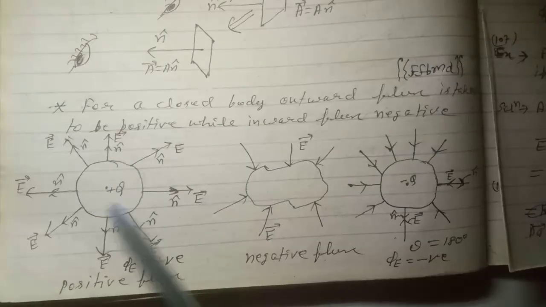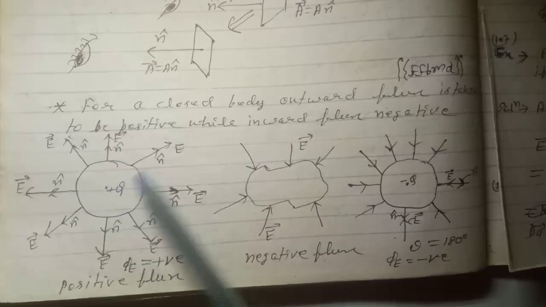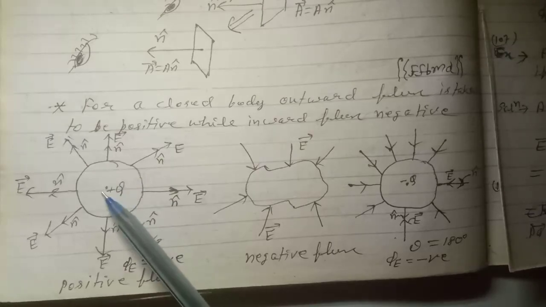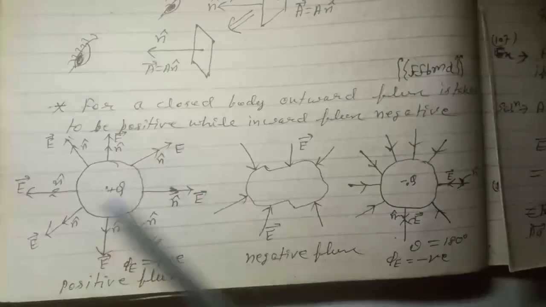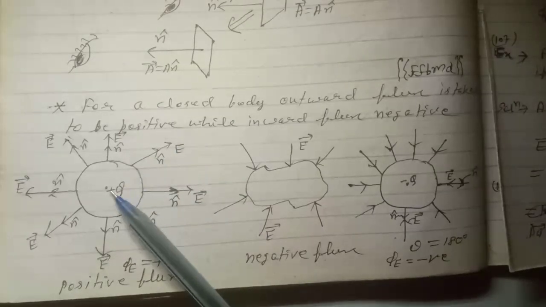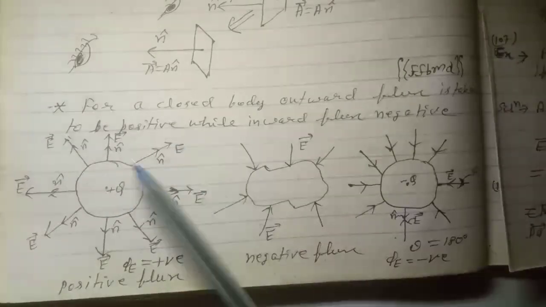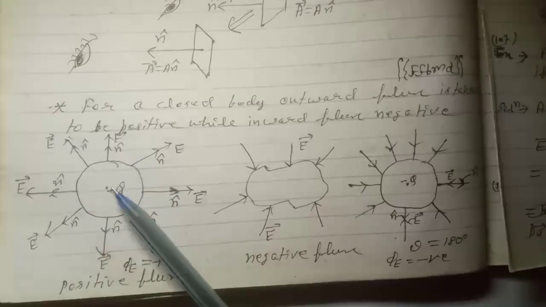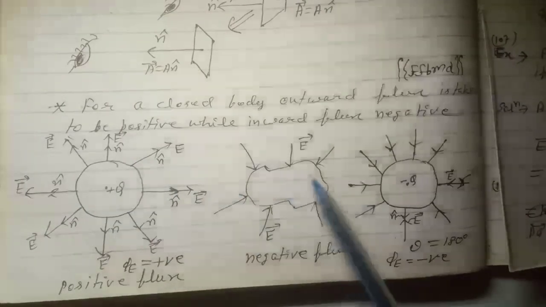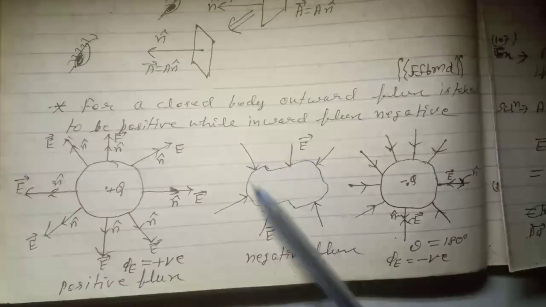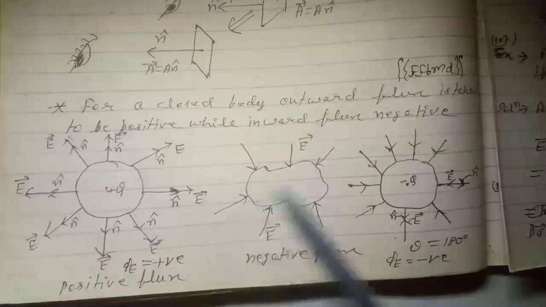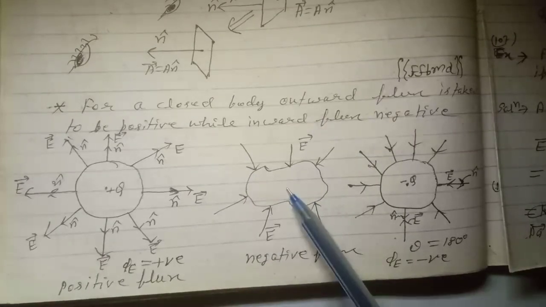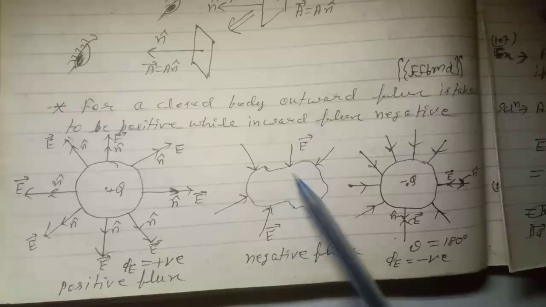Because the electric field is in the radially outward direction, this flux will be called positive because it is outward flux. While in this case, this is a closed surface and the electric field is going towards the body, inside the body. So this will be negative flux.